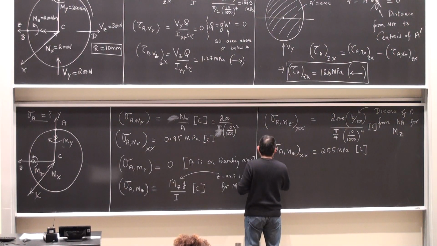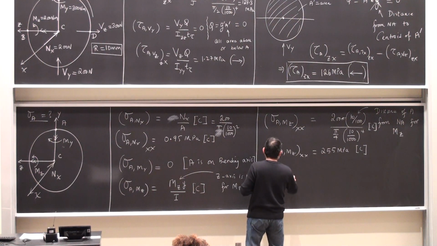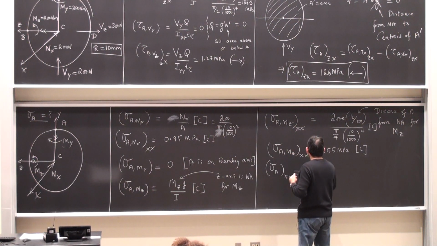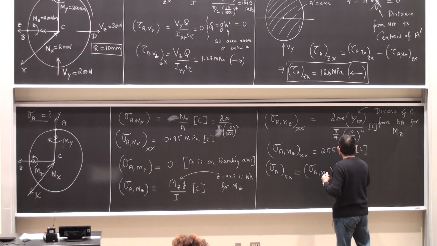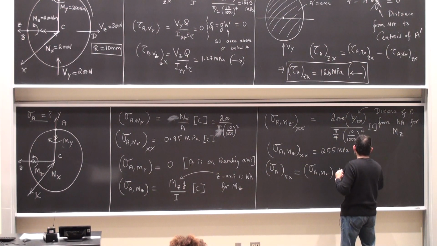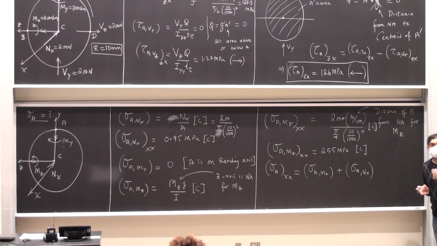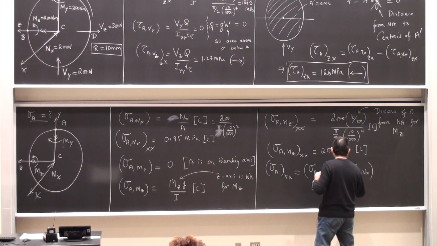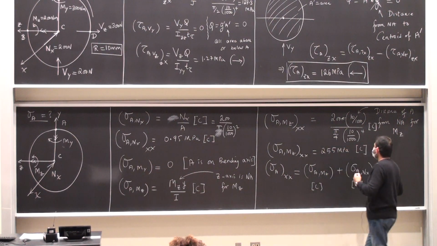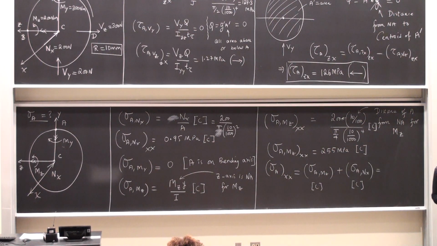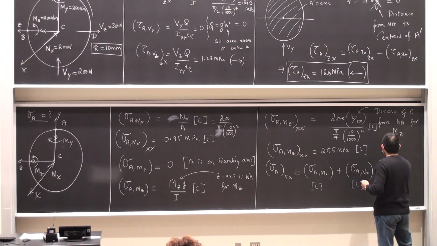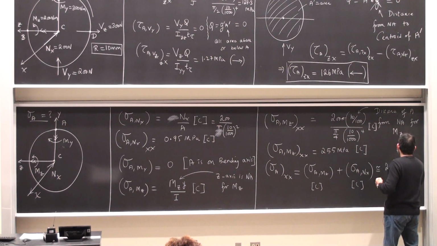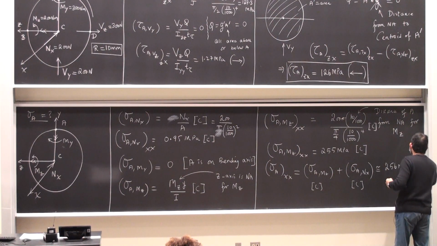So sigma A xx is sigma A due to Mz plus sigma A due to Nx, because they are both compressive. 255 plus 0.95, so 256 megapascals approximately. So 256 compressive.